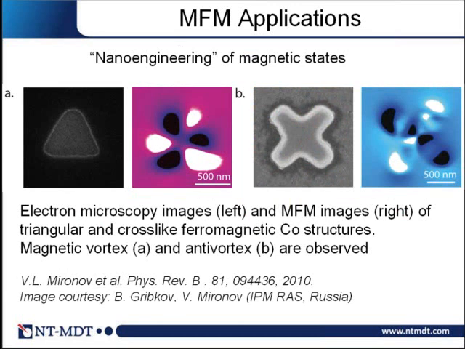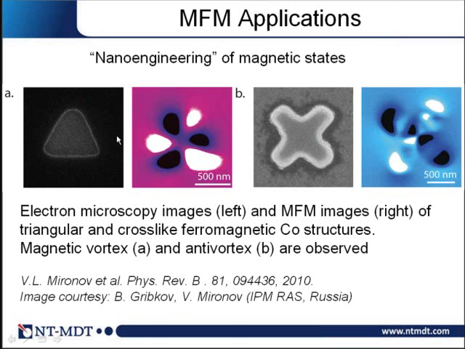A simple, straightforward way to create such magnetic states is first to create, using, for example, electron beam lithography, different shapes of magnetic ferromagnets. Here you see on these images electron microscopy images of such nano elements. And correspondingly, MFM images are shown here and here.